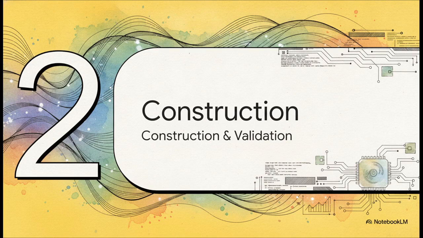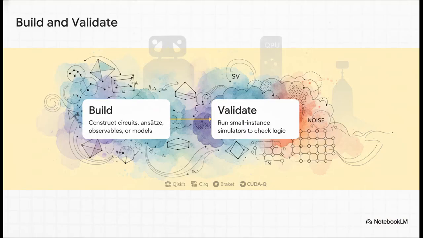Now, what's really interesting about this next slide is how we shift from that abstract math into actual code. Stage 2, construction and validation. First up, developers take those mathematical objects and start constructing circuits, parameterized ansatzes, observables, or annealing schedules using standard tools. Qiskit, Cirq, PennyLane, Braket, CUDA-Q. But then comes step 2, and this is crucial.